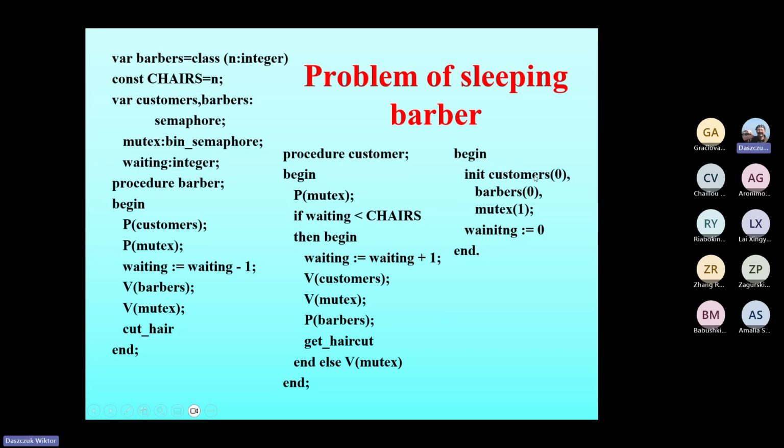So initially we have 0 customers and 0 barbers. Every customer that comes increments customers. Every barber that comes increments barbers. Mutex is 1, it's a typical mutex, and the waiting variable is initially 0.